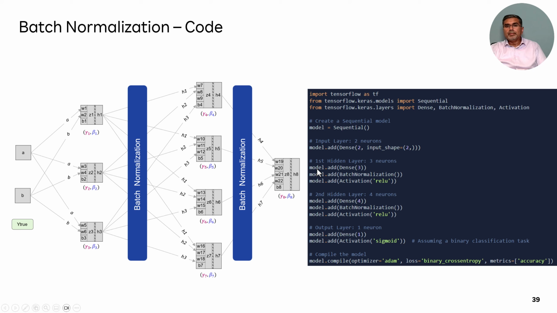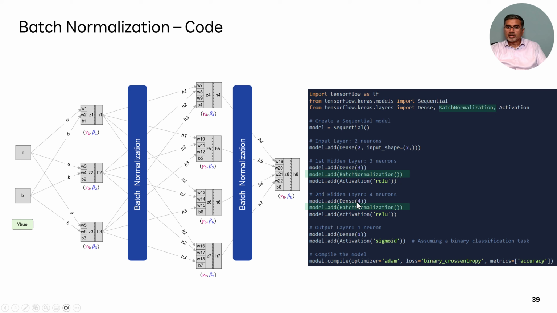Okay. Implementing it is very straightforward in Keras. You essentially import this module called batch normalization. And what you do here is when you are adding your layer, let's say you're adding the first layer, which has 3 neurons, you essentially add another layer called the batch normalization layer. And after that, you add the activation layer.